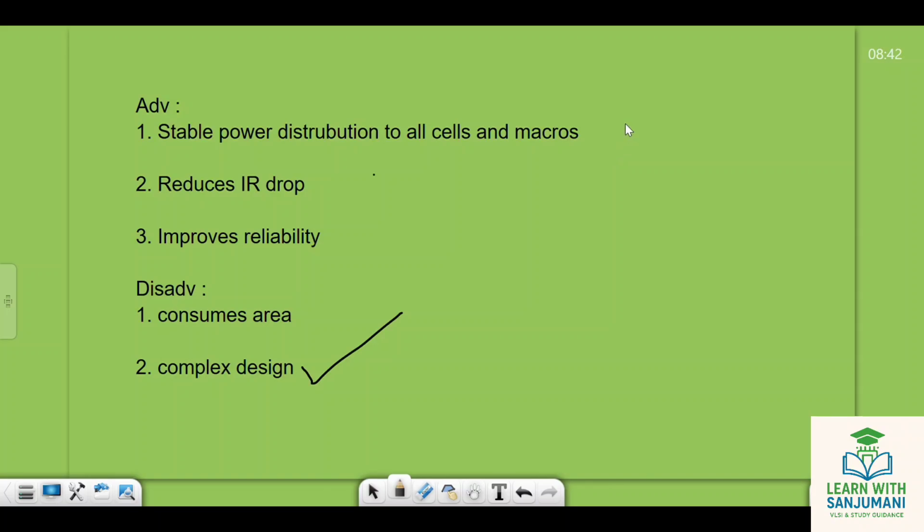So by all these considerations we need to provide proper power connection to the chip, then only it will work. If not, chip will fail. That is the main point. Sorry, today's agenda is very simple. Provide proper power to all the cells and macros in the entire chip. If we do not provide the power, what will happen?